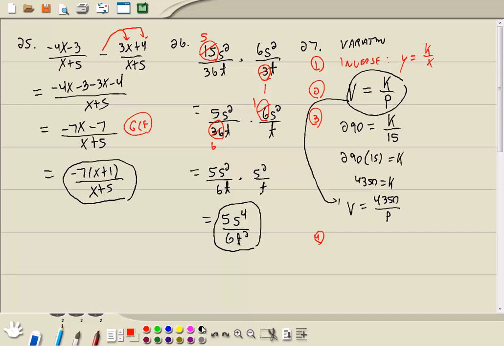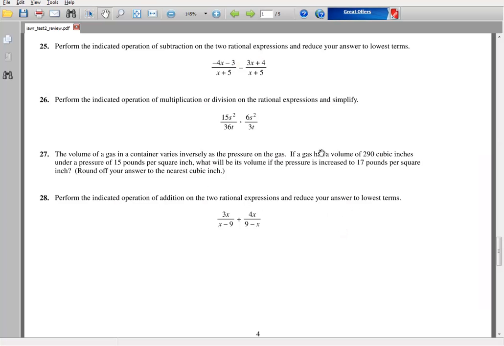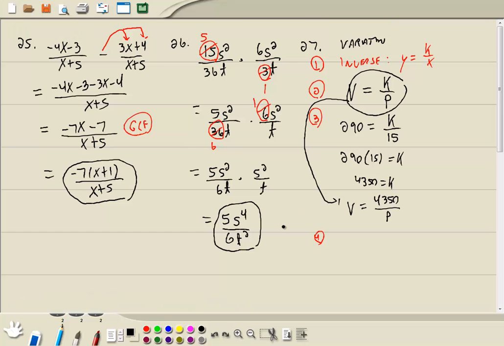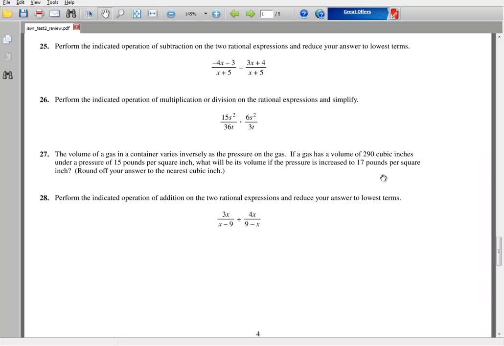Step 4. Find what they really want. What will be the volume if the pressure is increased to 17 pounds? Increased to. Not increased by, but increased to. Very important wording. So they're telling us that P is now 17.